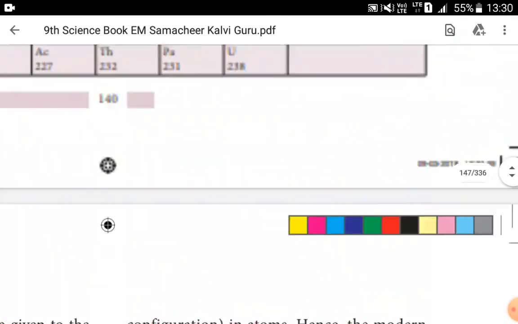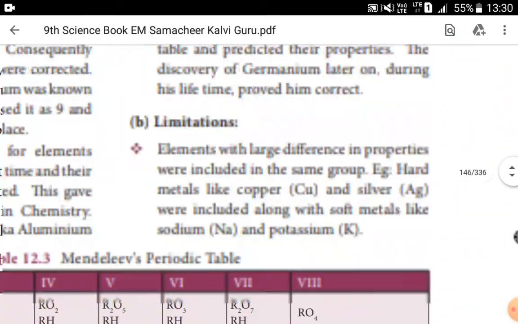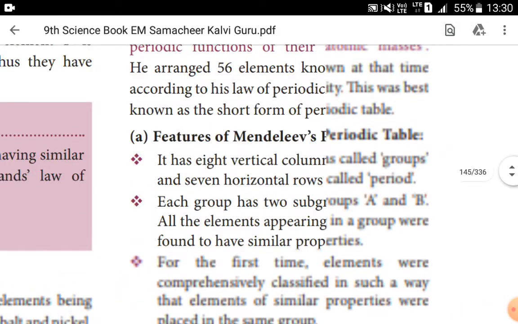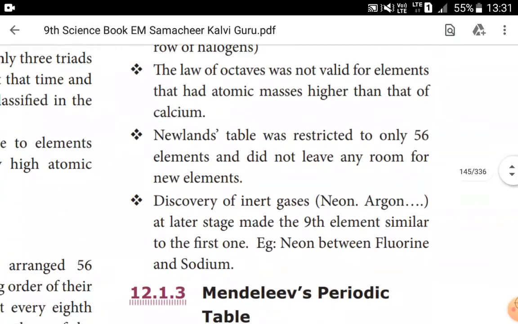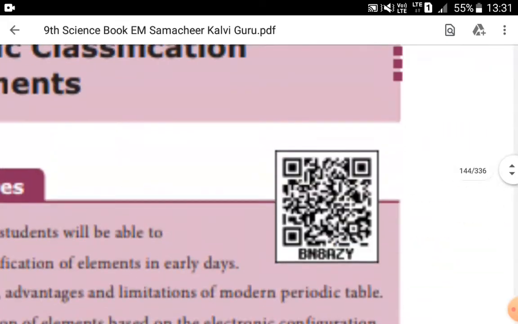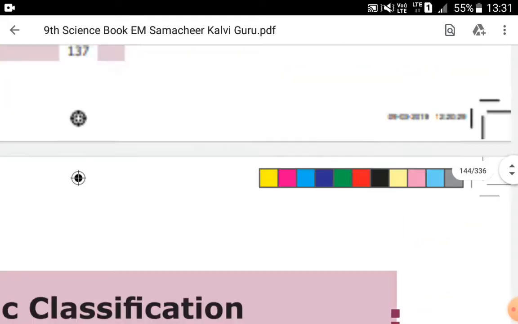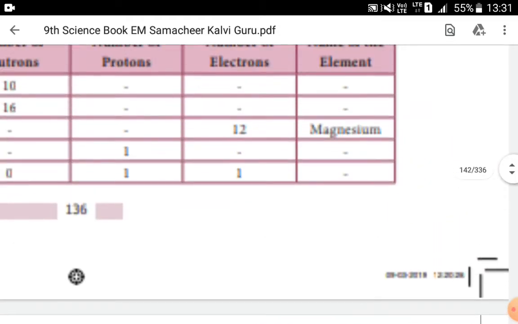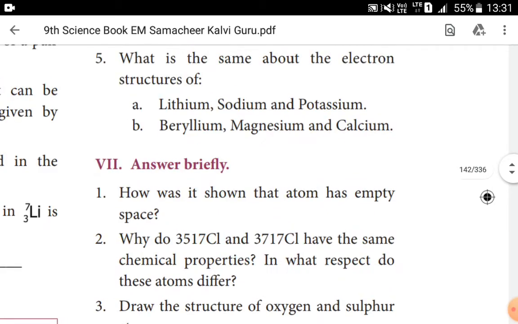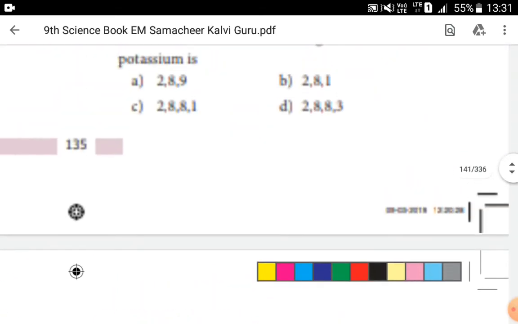Then the difference between compound and mixture. A mixture contains two or more substances, but a compound is a single substance. In a mixture, the constituents are present in any proportion, but in a compound, the constituents are present in fixed proportion.